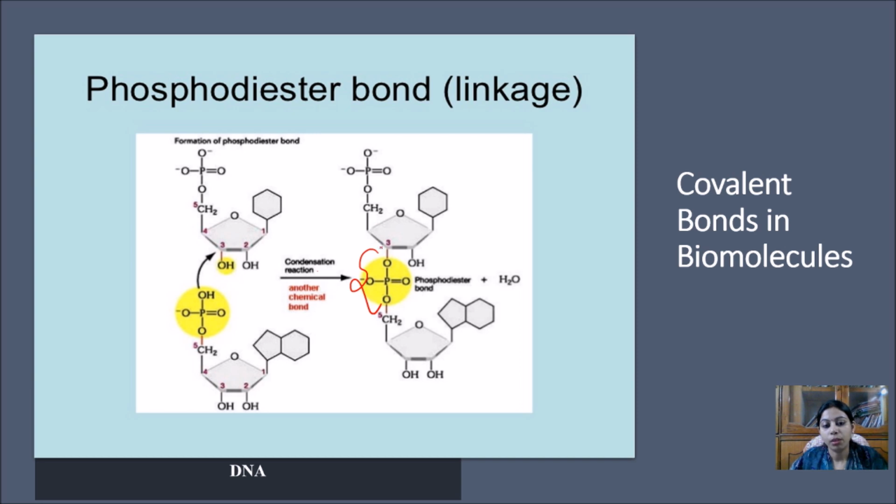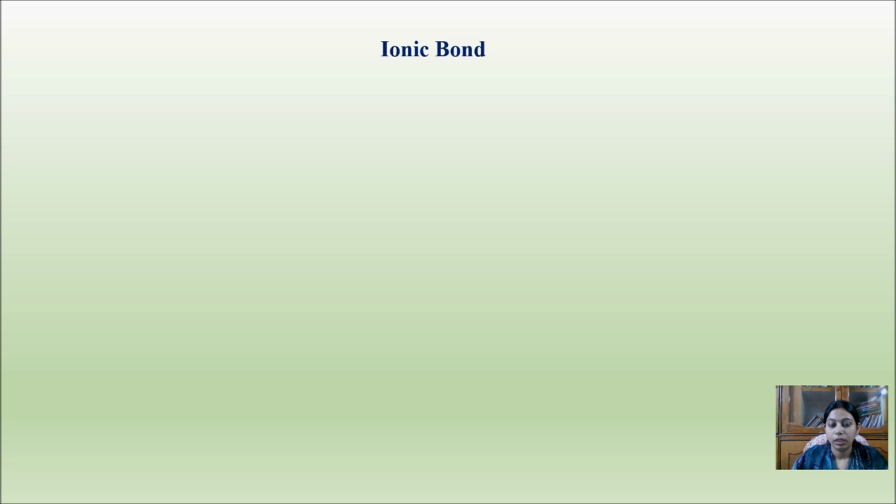So the bond between two monomer units of DNA is known as the phosphodiester bond, whereas in carbohydrates it is termed the glycosidic bond, in protein it is termed the peptide bond, and in nucleic acid it is termed the phosphodiester bond. So all these were about the different types of covalent bonds inside our biomolecules. Though this is not the only interaction, there may be other interactions as well. So these are all about the covalent bond with respect to the biomolecules.